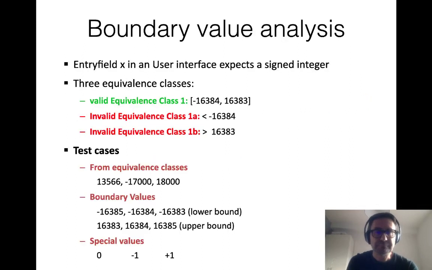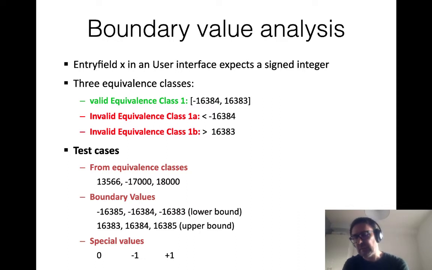equivalence partitioning. So here we can have an example: if the entry field X in a user interface expects a signed integer, so an integer which has a sign, plus or minus. We can directly see maybe that there are 3 equivalence classes because we happen to know that this is a 16-bit, or I don't know, is it even 16? No, it's not. It's 14 bits.